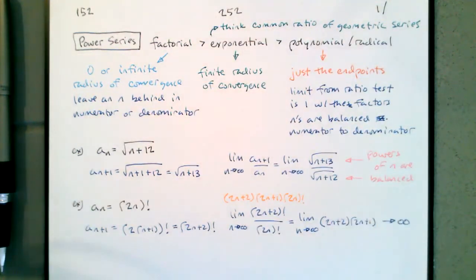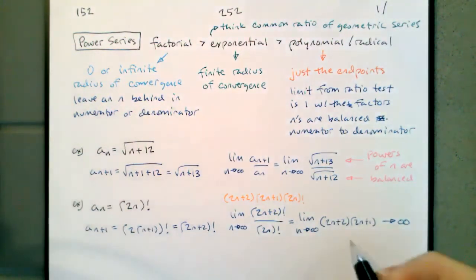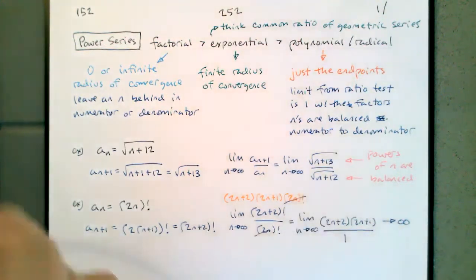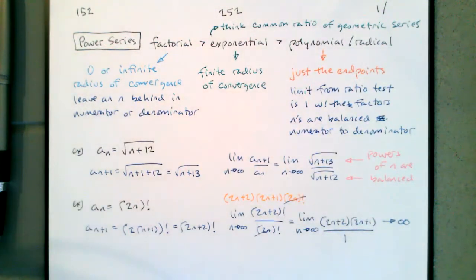So what happens is that with factorial factors, we leave n's behind in the numerator as we cancel out the (2n) factorial. So in the limit from the ratio test, the powers of n are out of balance because of the factorials.